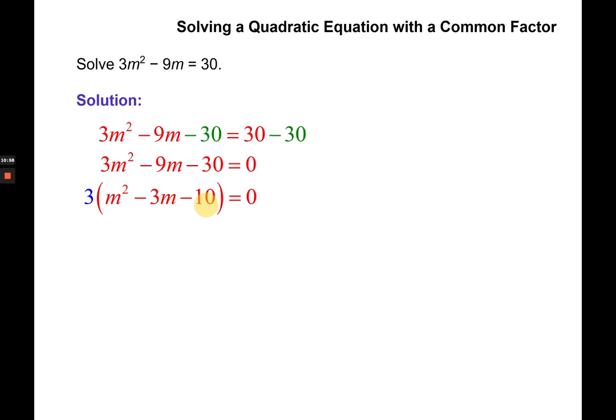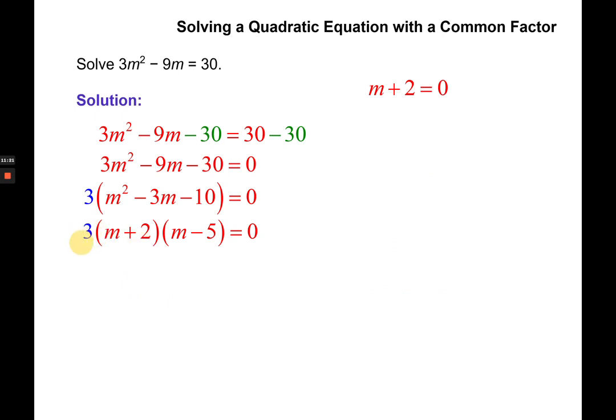What factors of 10 will give you a negative 3 as a sum? Of course, 2 times 5, there's no other. Between 2 and 5, which would be negative, it should be negative 5. And so we're ready. The first part of the solution is actually m plus 2.